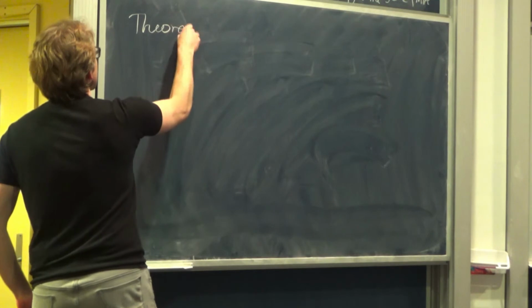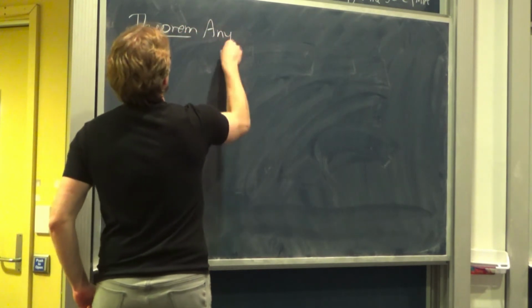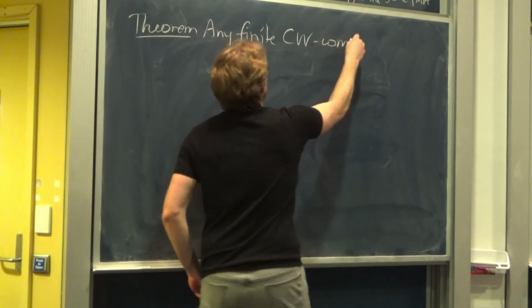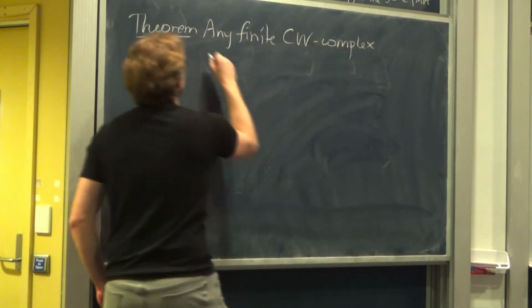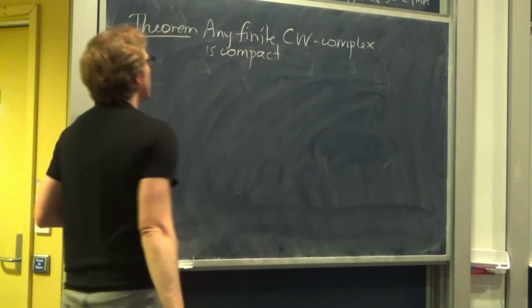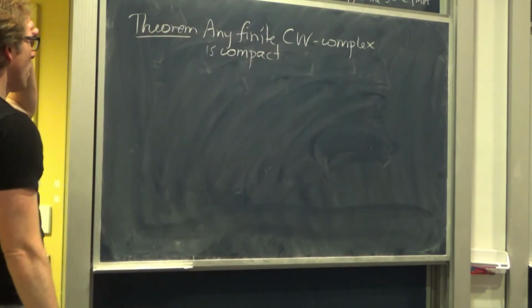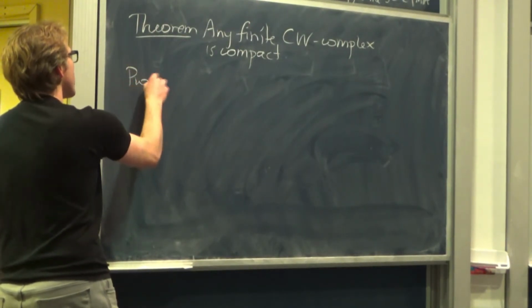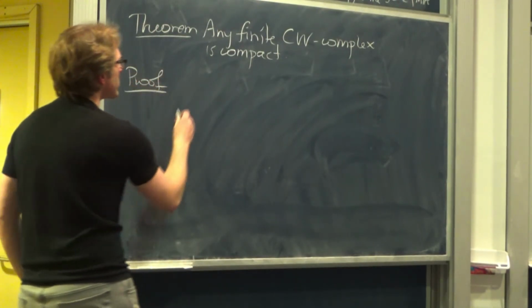Okay, so any finite CW complex is compact. So recall what that means.